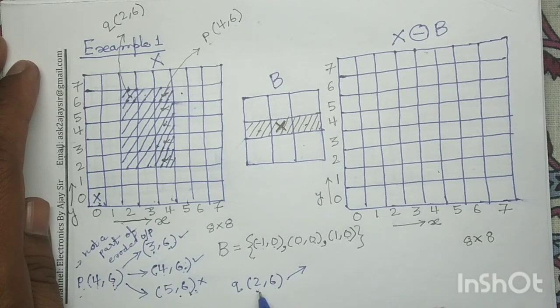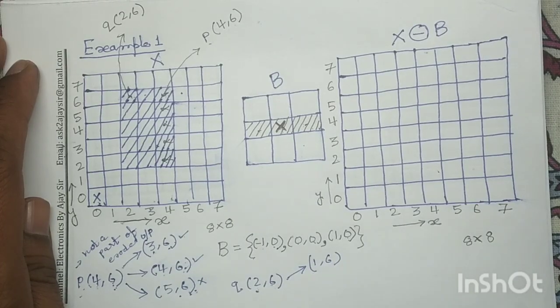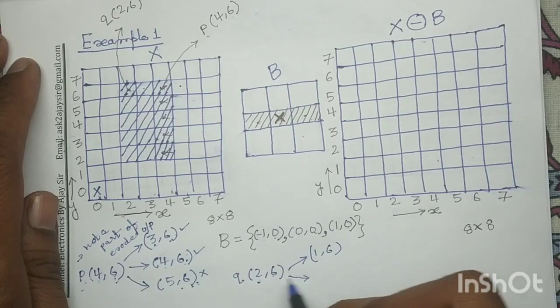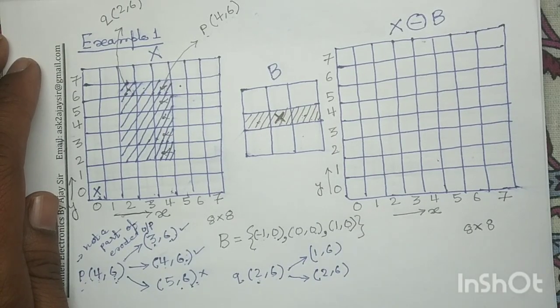If you perform the vector addition of 2, 6 with -1, 0, my result would be 1, 6. With 0, 0, my result is 2, 6. And with 1, 0, my result would be 3, 6.